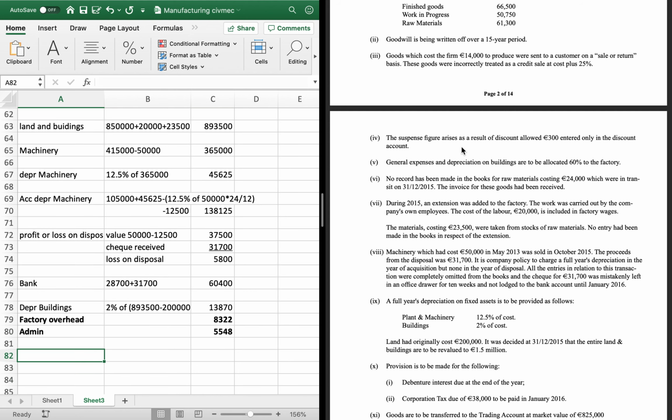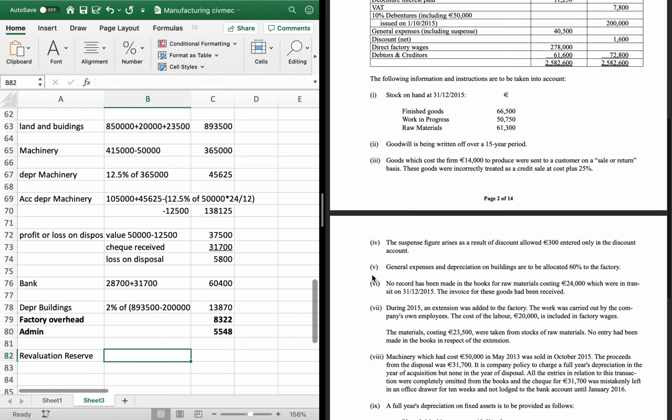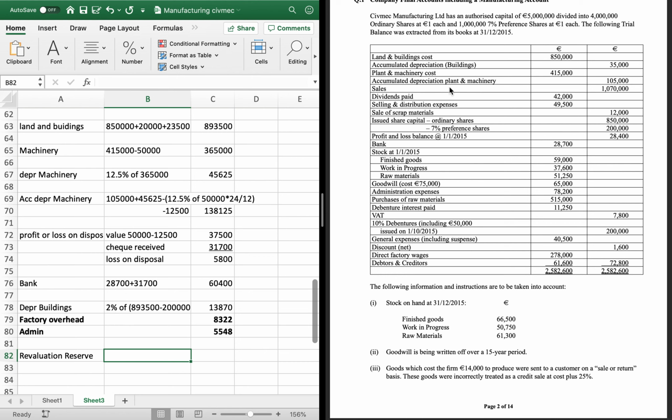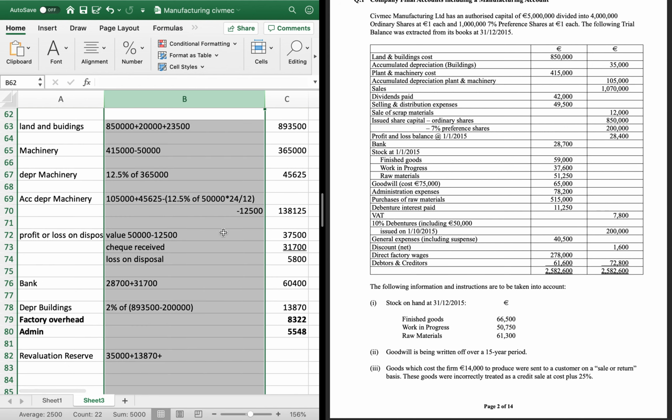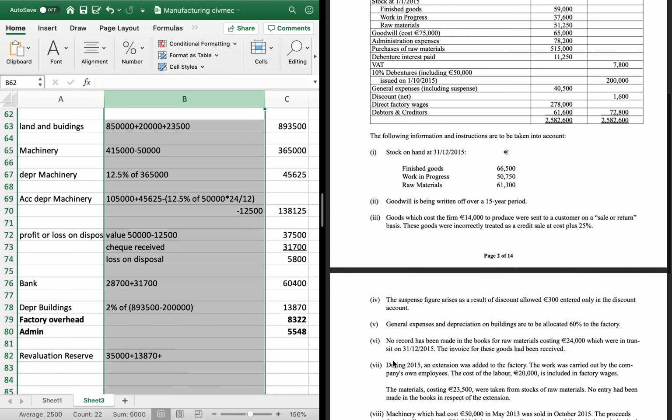Now, when we've depreciation, we would then have accumulated depreciation unless you're revaluing your buildings. In that case, you've got a revaluation reserve. So the revaluation reserve is the accumulated depreciation so far, which is 35,000, plus the 13,870, plus the difference between the value of the land and buildings at the moment, which is 893,500, and the revalued amount, which is 1.5 million.